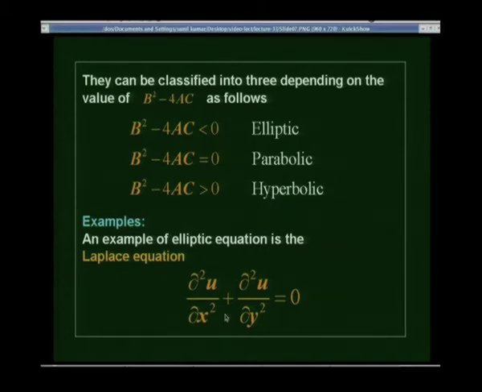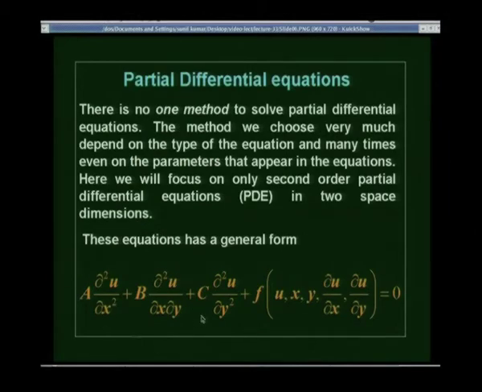Now if you had one of them 0, that is, we had only one second derivative and didn't have the second derivative with respect to y, but we had some first derivative with respect to y. That is, in this equation, only one of a or c is non-zero, b is also 0, and there is some non-zero function here.